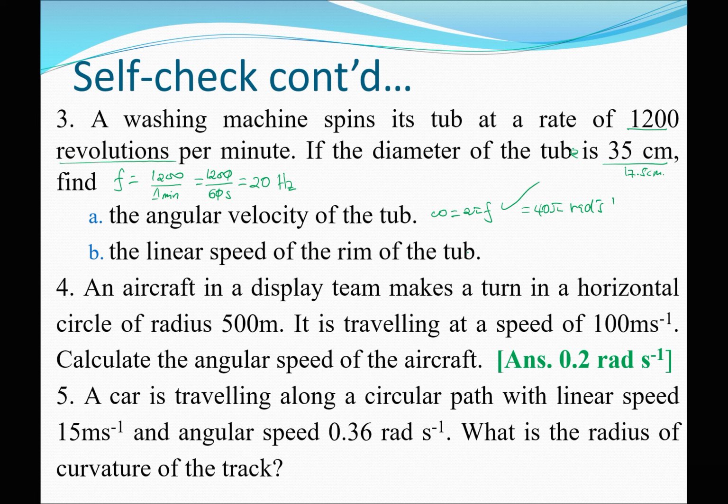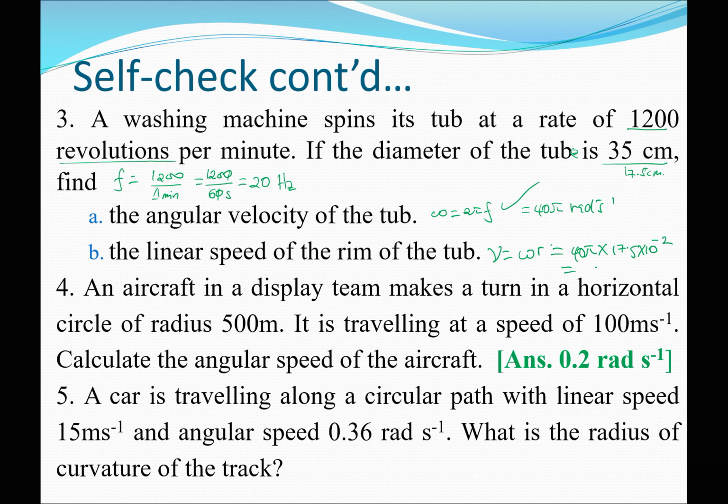Then the linear speed of the rim of the tub. So v is going to be equal to omega times r, that is 40 pi times 17.5 times 10 to the power of minus 2. So this gives us v.